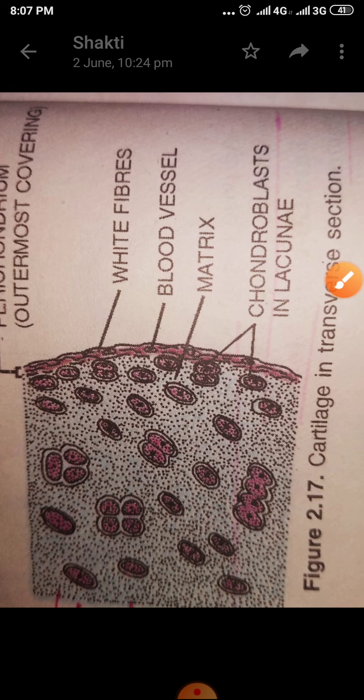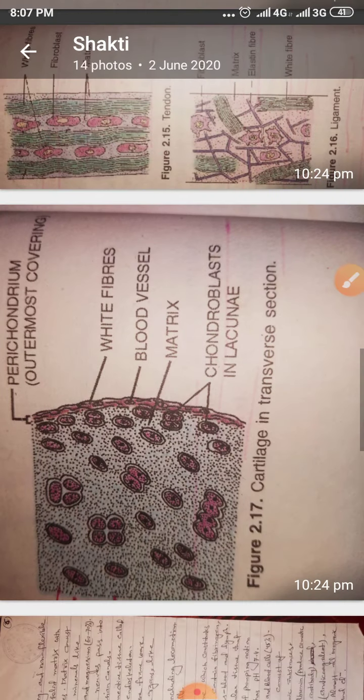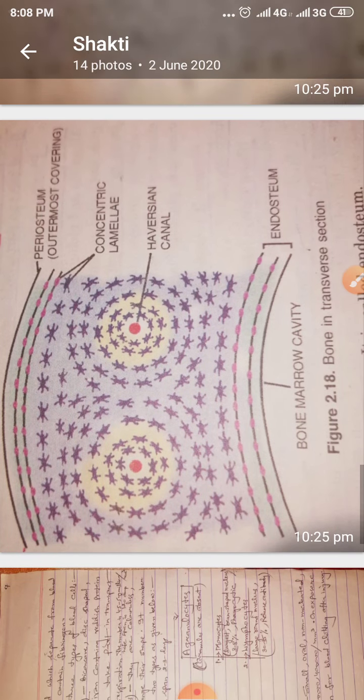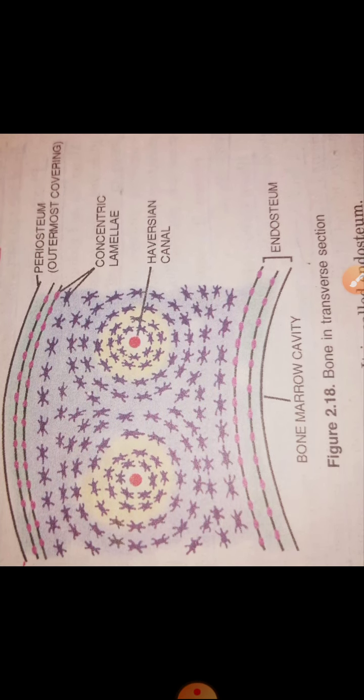Here you find the bone structure is somewhat different from cartilage. Here the matrix is solid and made up of a protein called ossein.